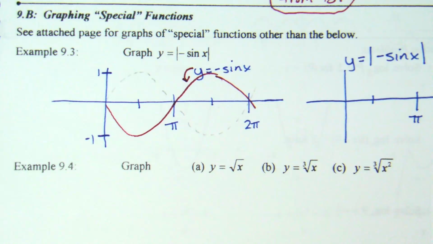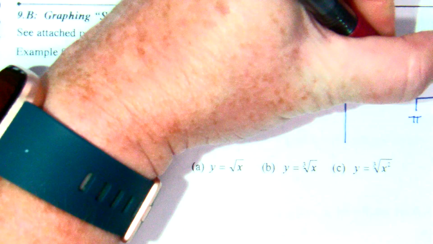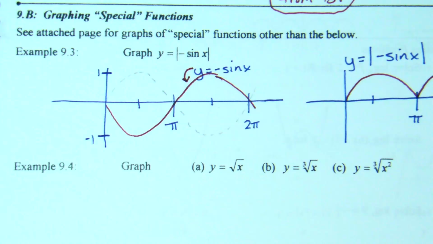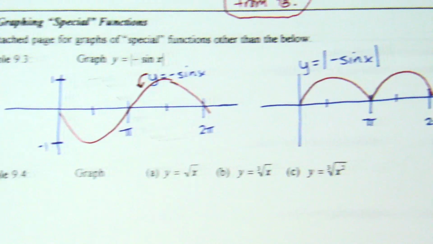Anything that's below the x-axis has to become positive because we're looking for positive y values there. So that means now I go up first, we touch at pi, and then guess what? Whoops. We keep going back up. And so it's going to be repeated mountains as opposed to valleys. I don't know how you guys want to say it.